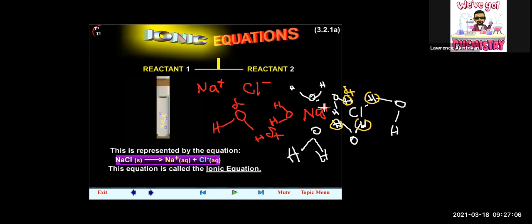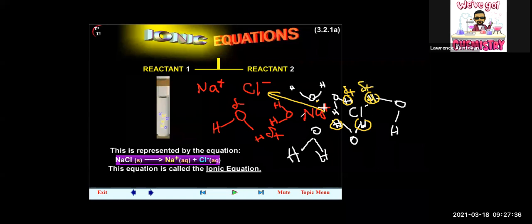Sodium ion in the center with water molecules oriented in this form. The hydrogen side of the water molecule is the one towards the sodium, so that positive and negative can attract, and then they pull this away, while the chloride ion that is negatively charged is being pulled away by hydrogen that is partially positive.